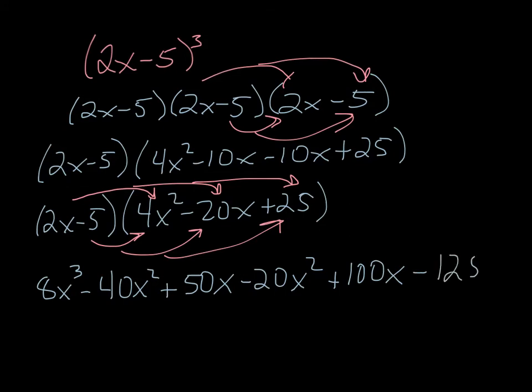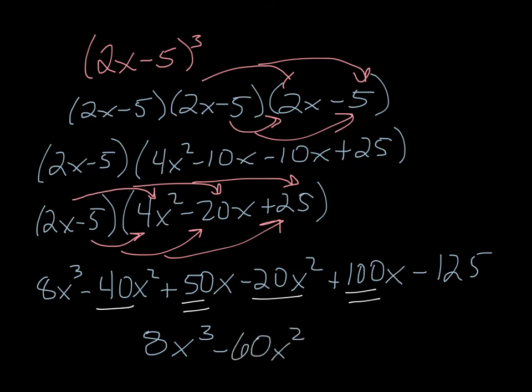And now I'm just going to combine any like terms. We have a couple throughout this problem. And for the final answer, you get 8x cubed minus 60x squared plus 150x minus 125.